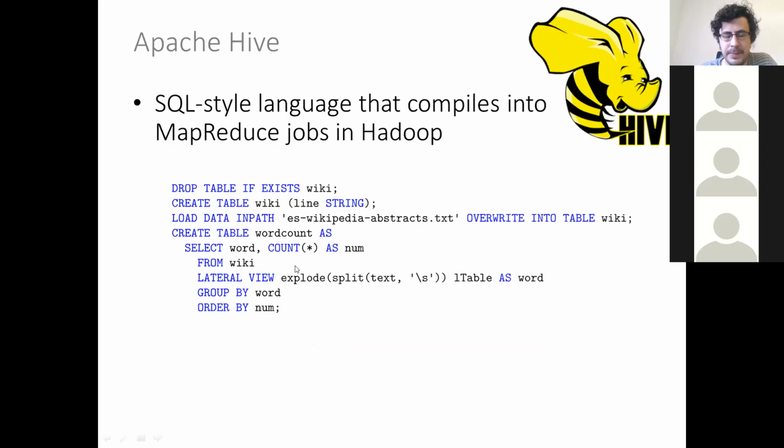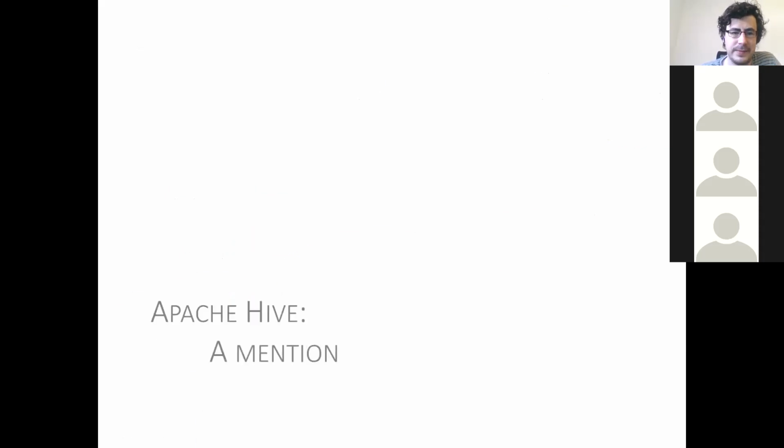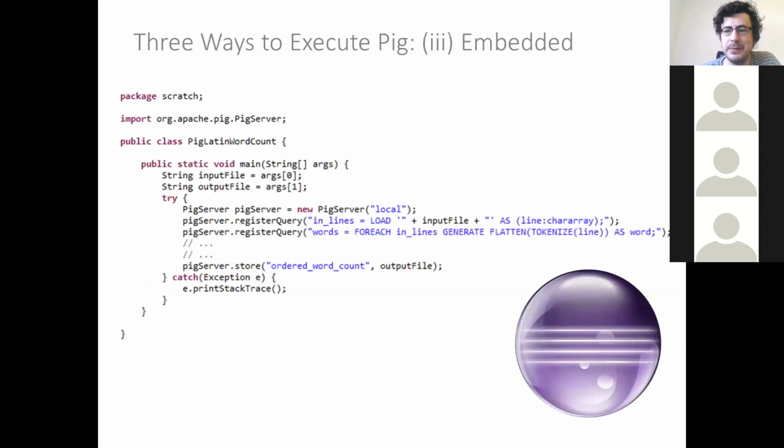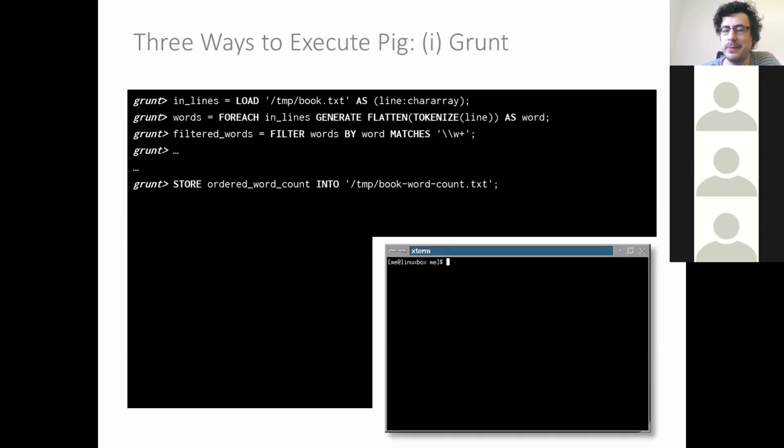We see it's a little bit more similar to SQL, but it has certain elements that are different. For example, here we're doing a word count and we're splitting words and so forth. And there's some new calls like lateral view. So this is quite popularly used as well, but for me, pig is more intuitive because of this line by line way you can process your relations.